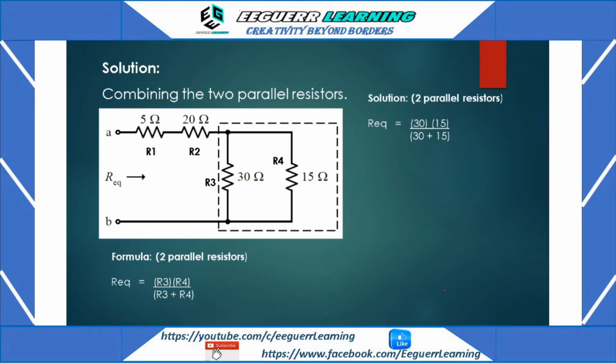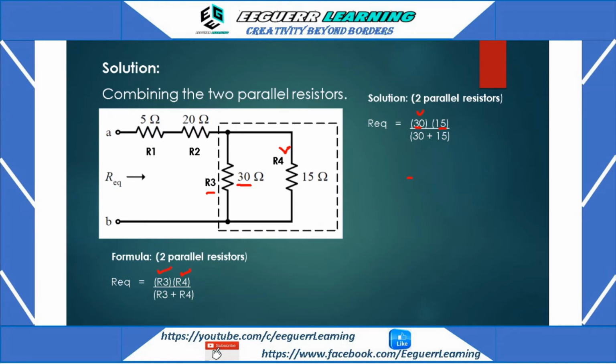For our solution, we're going to get the values. R3 is 30 ohms here, and 15 is our R4 here.